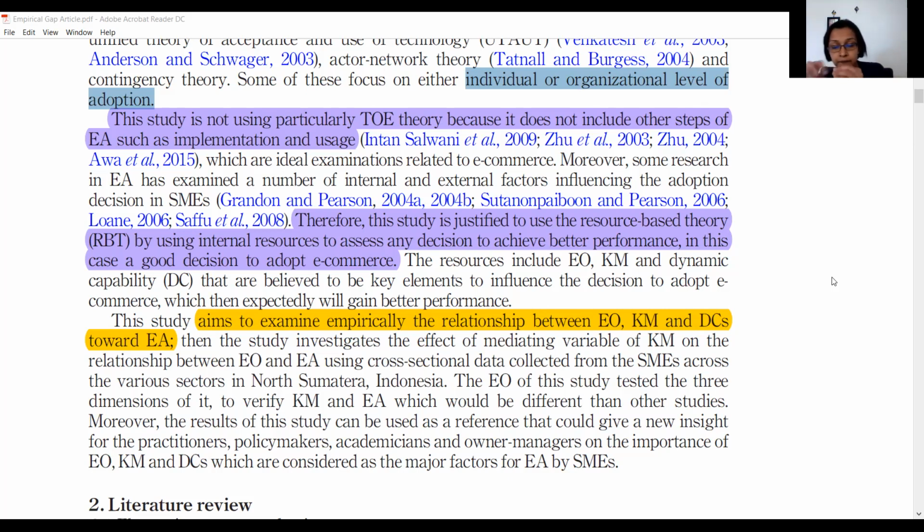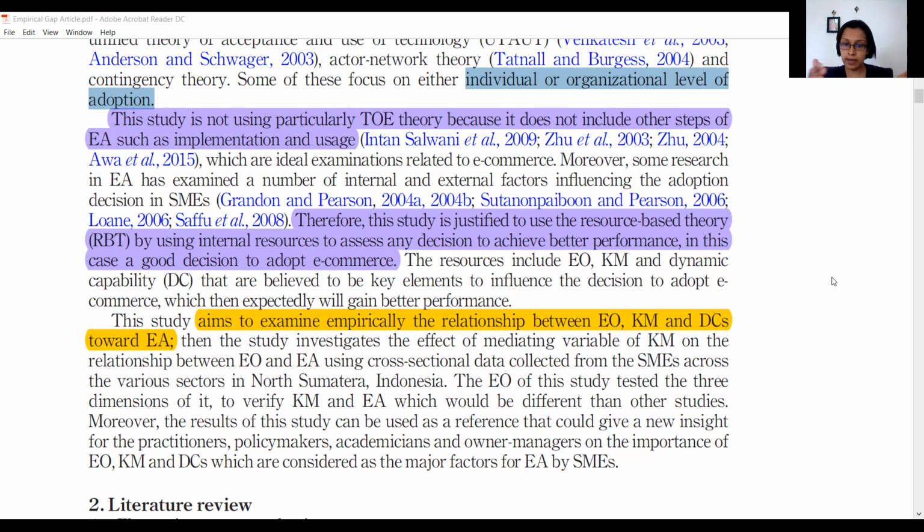Likewise, every time, everything you have to connect. Everything you have to connect. That's what we call academic writing. That's the way you need to emphasize your problem. Then you can say the purpose or objective of this study is to identify the factors influencing the e-commerce adoption of SMEs in Sri Lanka.